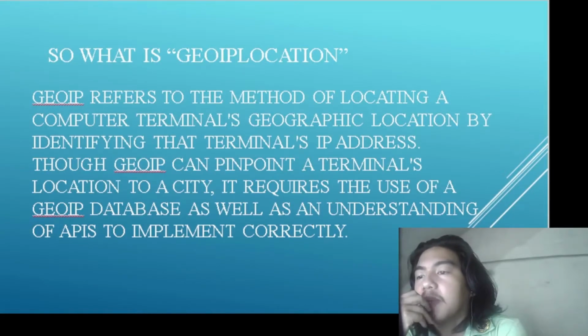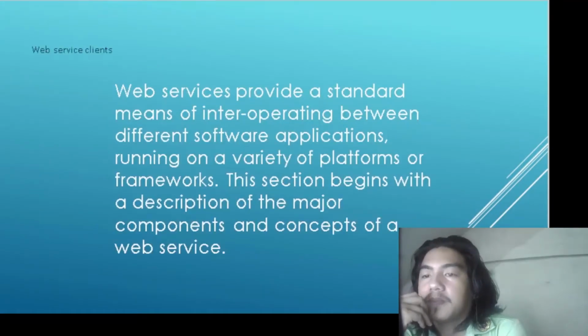GeoIP refers to a method of locating a computer terminal's geographic location by identifying the terminal's IP address. Through GeoIP you can pinpoint a terminal's location to a city. It requires the use of a GeoIP database as well as an understanding of APIs to implement correctly.